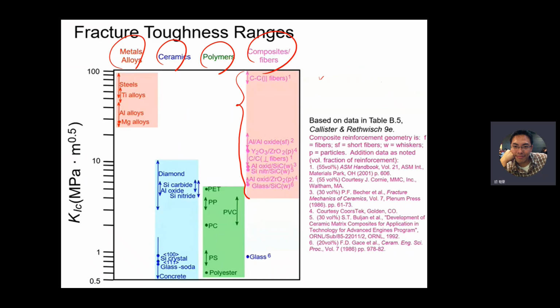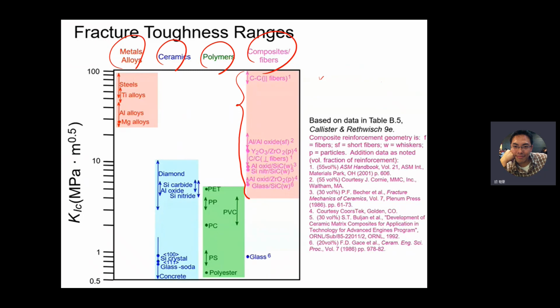That's because the composite is artificially manufactured. That means the composite is made by humans. It's not a natural material. Therefore, we can adjust its composition between 2 or 3 different materials.